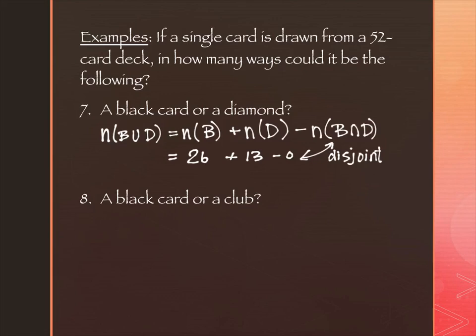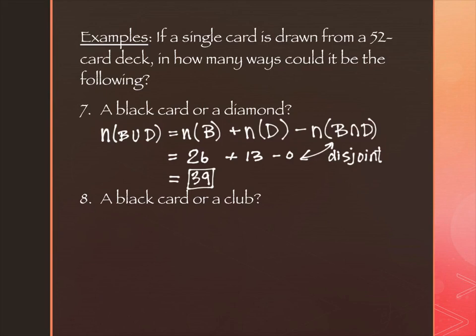Once we got 0 at the end, that's fine. It works itself out. So what do you get when you take 26 and 13? 39. And you can also notice that the only thing that I excluded from this were the hearts, right? The hearts are the only thing that are not blacks or diamonds, and there's 13 of them, so that's why there's 39, because it's 52 minus 13. Another sort of application of the not scenario that we had seen before, but with one single card drawn.